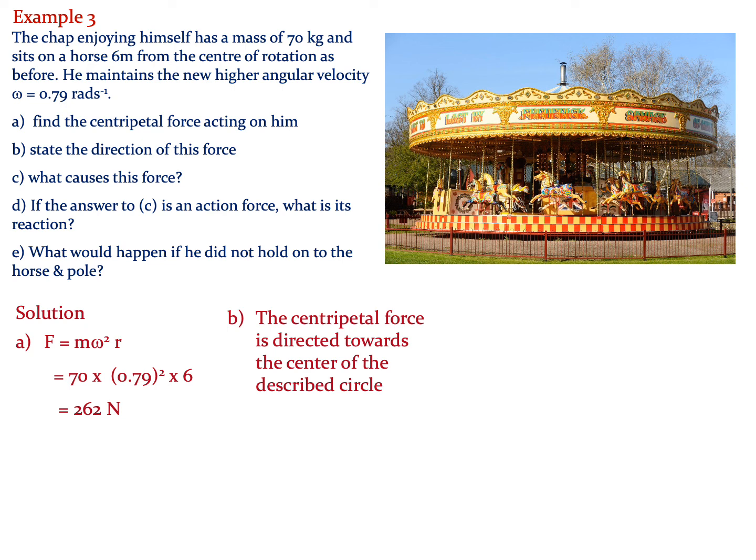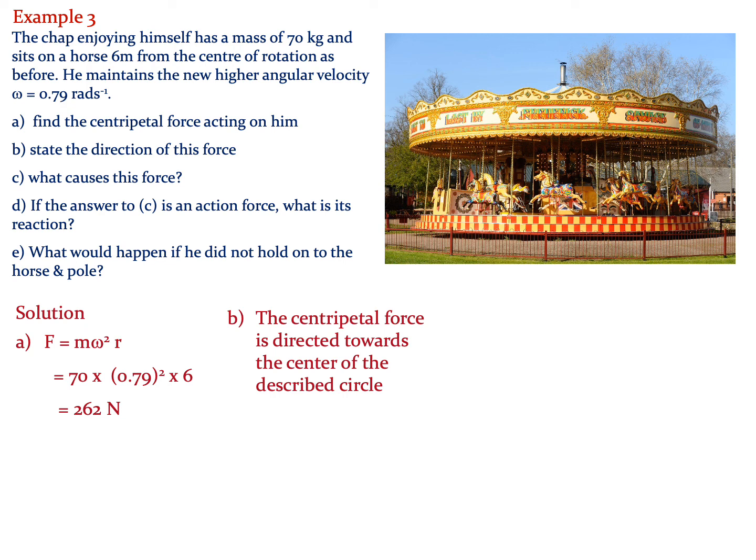Now part C is slightly trickier. What causes this force? And you're often asked to discover this in such questions. Well, he's clearly describing uniform circular motion, so he must have a centripetal acceleration and he must have a centripetal force. So what's actually causing that force? Well, something must be either pulling him inwards or pushing him inwards, or theoretically both, I suppose.